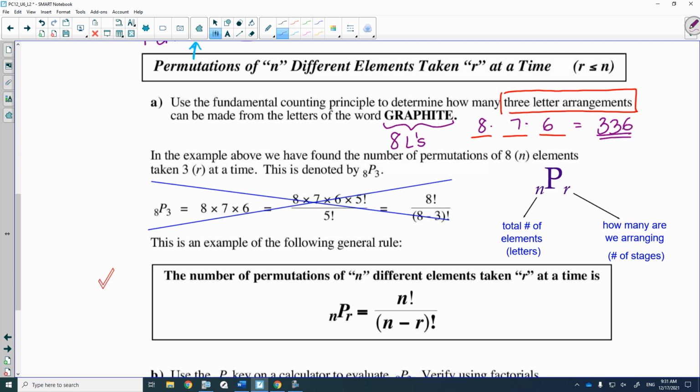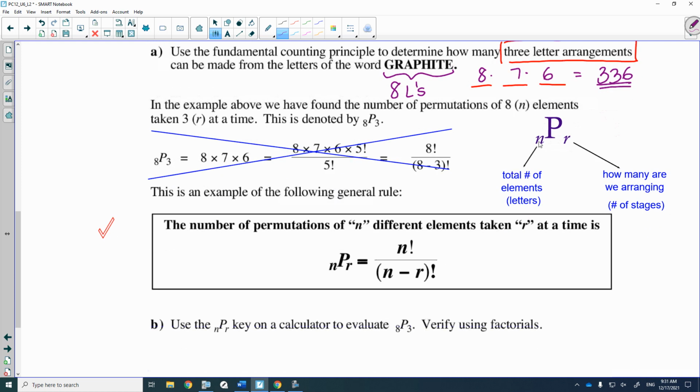Okay, we could write a permutation as follows. So it's going to be n permute r, and I want you to just jot down that what this n is going to stand for is the total number of elements. So for example, the total number of letters in the word. So for graphite, the n would be 8, right? There's 8 elements or 8 letters.